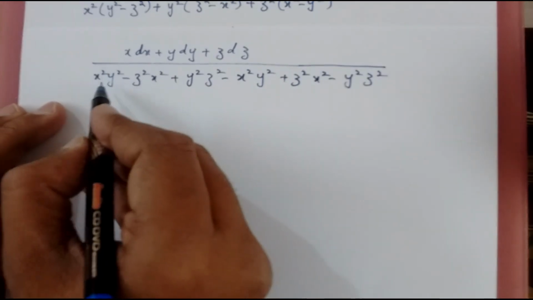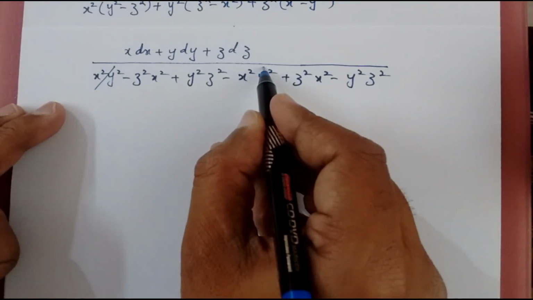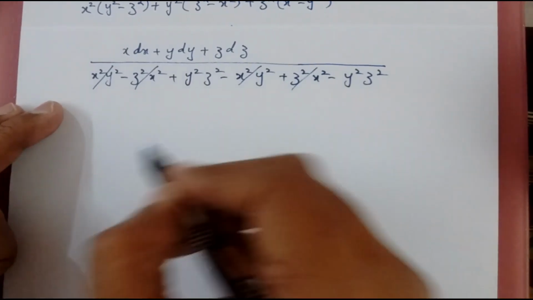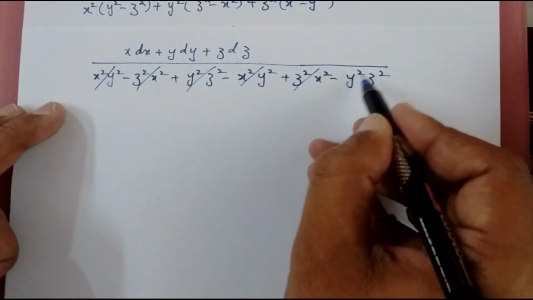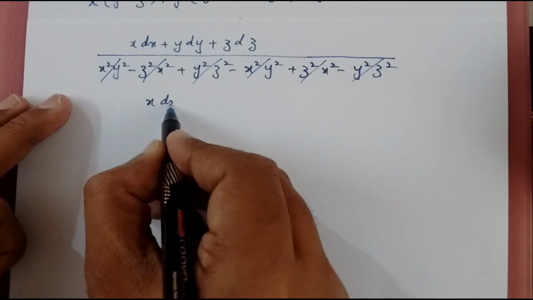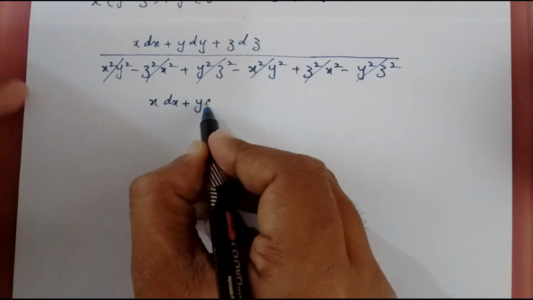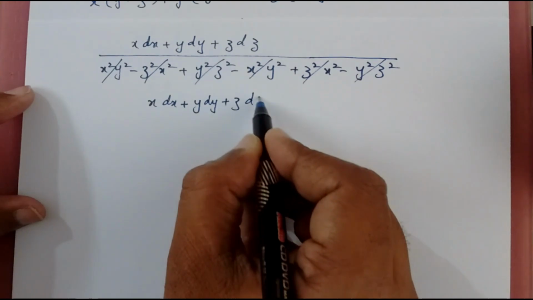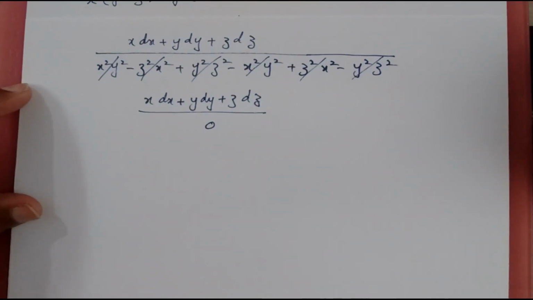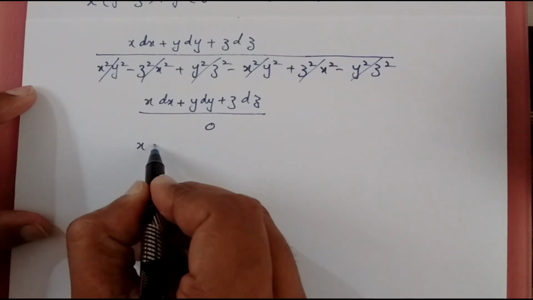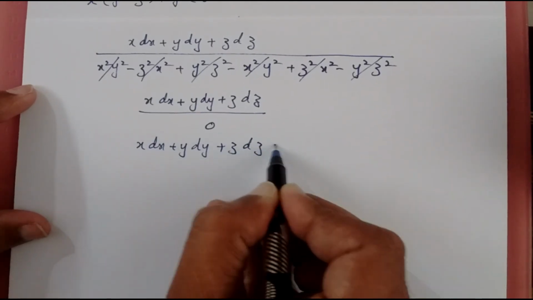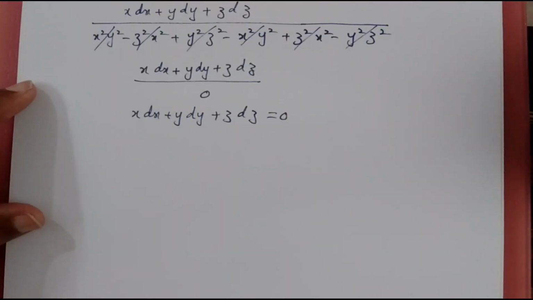Now if you try to see, x square y square minus x square y square will cancel out, minus z square x square plus z square x square will cancel out, plus y square z square minus y square z square will cancel out. Therefore we got x dx plus y dy plus z dz whole divided by, its value will be equal to 0. So x dx plus y dy plus z dz equals 0.